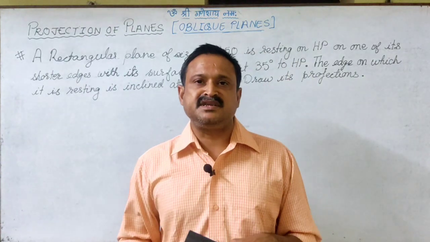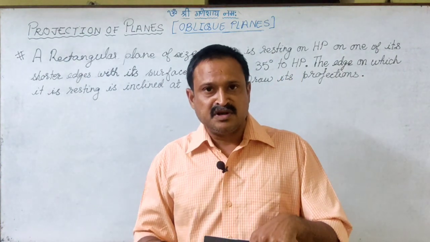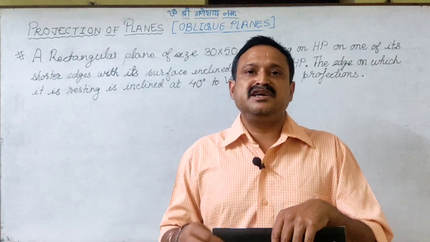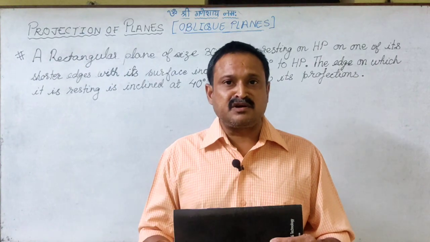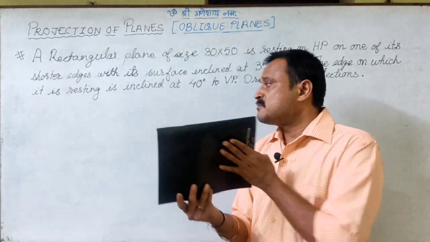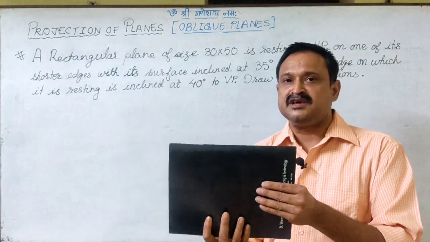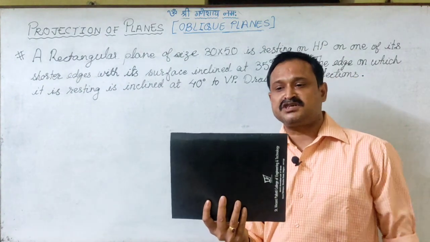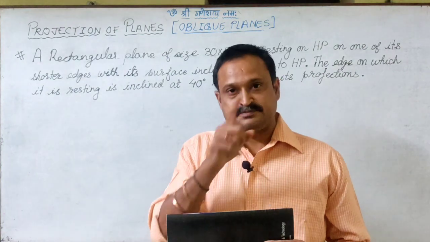So, as we have seen, if I want to draw the surface inclination in the top view, I need to see the image of the plane as a line in the top view. So, I need to make it perpendicular to HP. And how can I ensure that? When I make this plane parallel to VP. Then I will be able to see the front view as the true shape of the plane and the top view as the trace length, right?